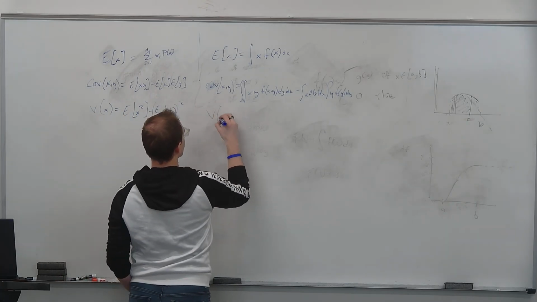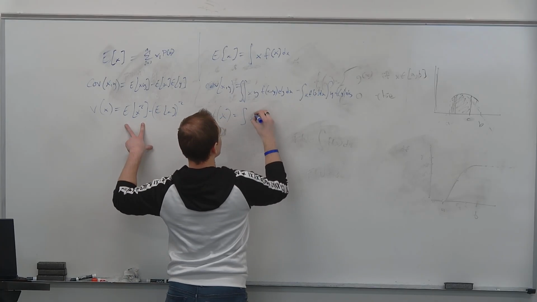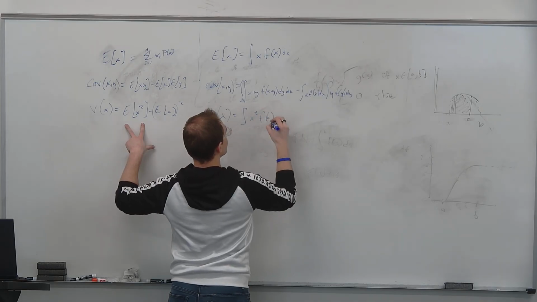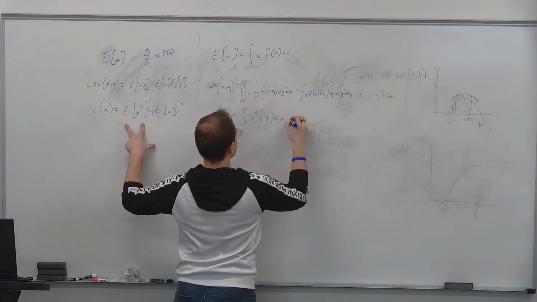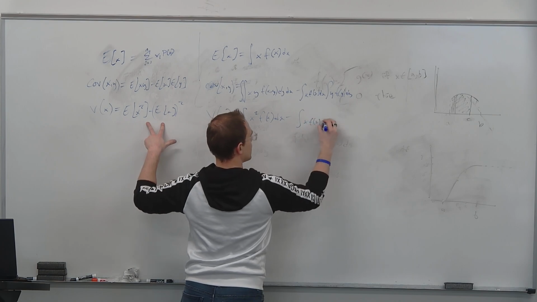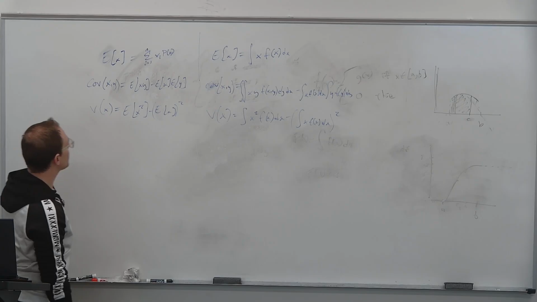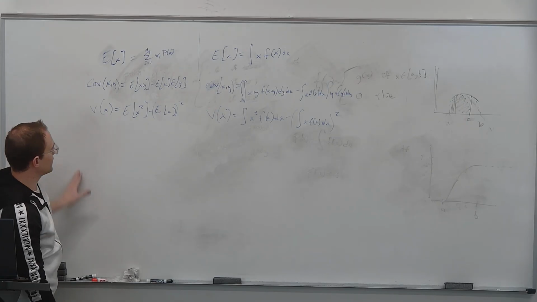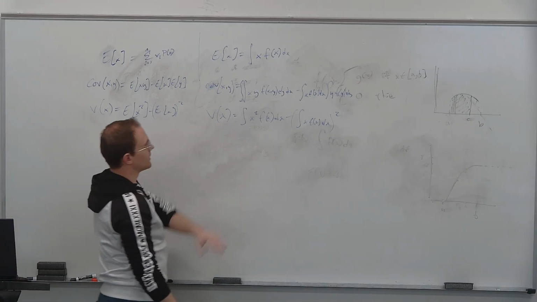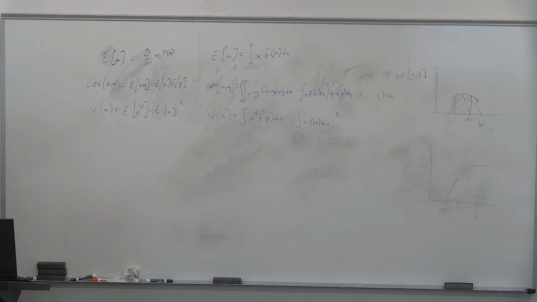Okay, so therefore variance of x is going to be expected x squared, so here's your x squared times the probability of observing that x dx minus expected x, hopefully I'm writing all of this right, squared. Okay, so that's expected value, covariance, variance for discrete and for continuous functions.